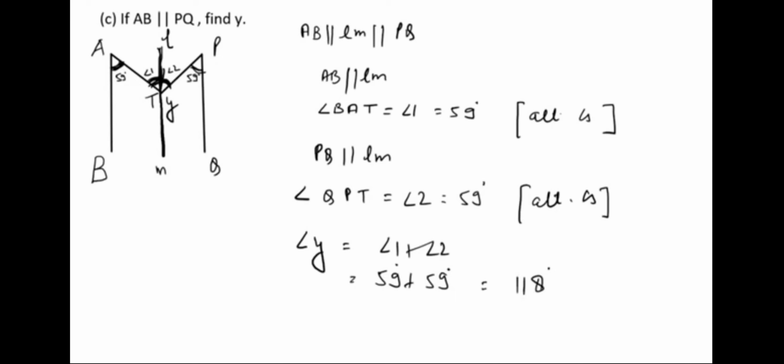This is also alternate angles, so it is also equal to 59 degree. This implies we have to find angle Y. So we will add angle 1 plus angle 2, that is angle ATP is equal to 59 degree plus 59. We will add it, we get 118 degree. Students, if you get any problem, then you ask me.